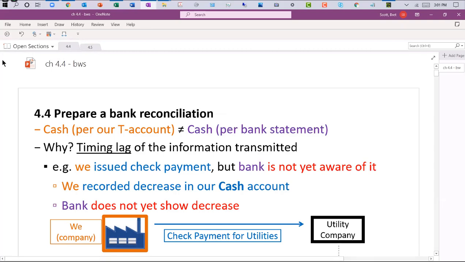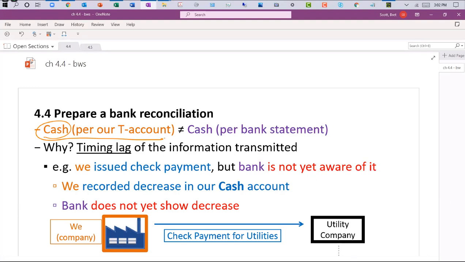This tends to be a really sticky part for a lot of students in this class because a lot of the concepts in here are fairly new and somewhat difficult to grasp conceptually. So the issue we have when we're doing any type of adjusting journal entries at the end of the period is looking at our cash T account and figuring out whether or not that balance is up to date and accurate.